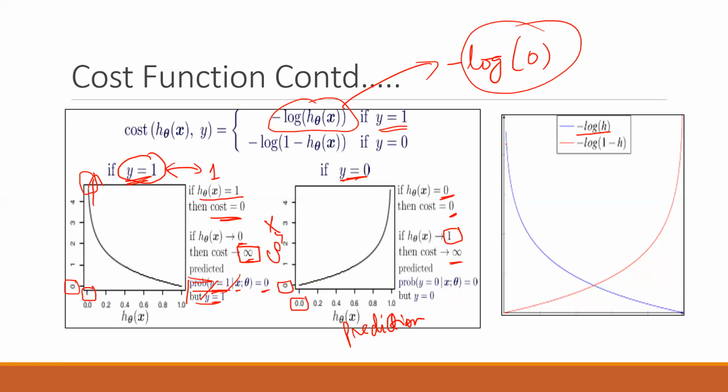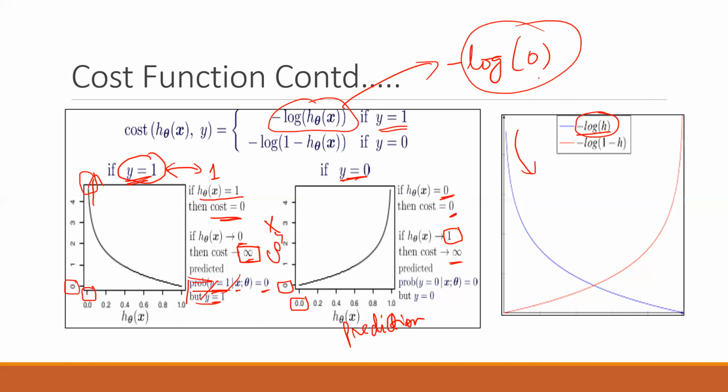And similarly, you can see here, same thing has been made in a way that they are both opposite of each other. Why? Because when we are plotting a minus of log h, if it is in this direction, and if we are doing it for log 1 minus h, then obviously the opposite of it will happen.